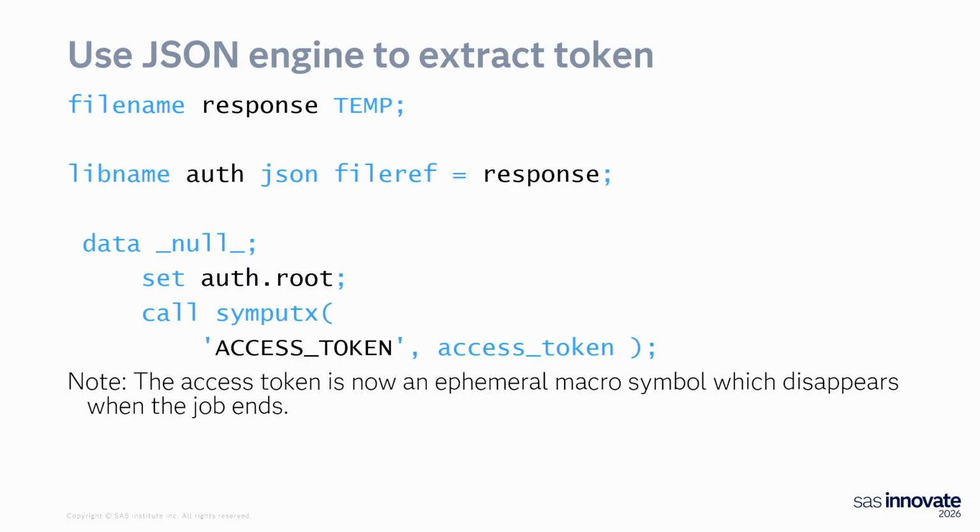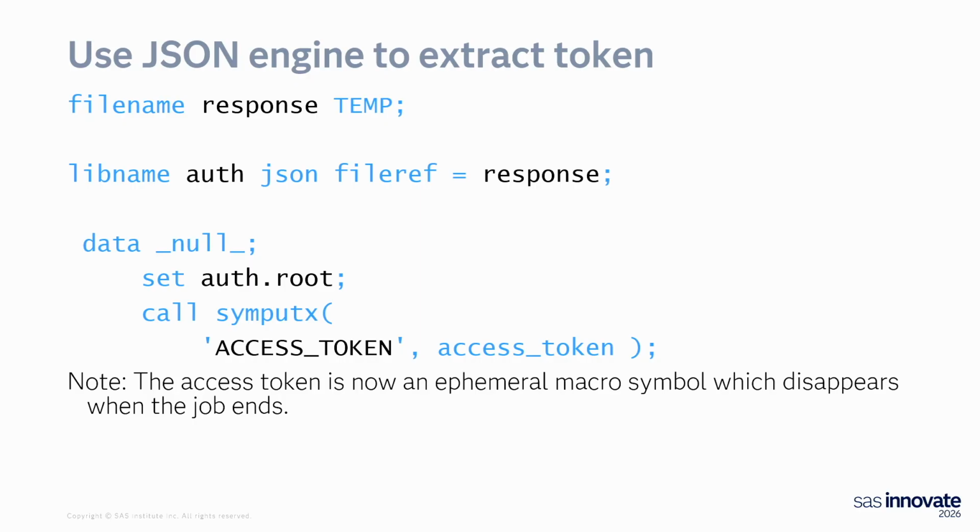And for that, we will use the JSON LIBNAME engine. In this case, we're creating a LIBNAME called auth and specifying the LIBNAME engine JSON. And we're using the fileref LIBNAME option to point to the very response file that we have now loaded with the return from the auth token service.